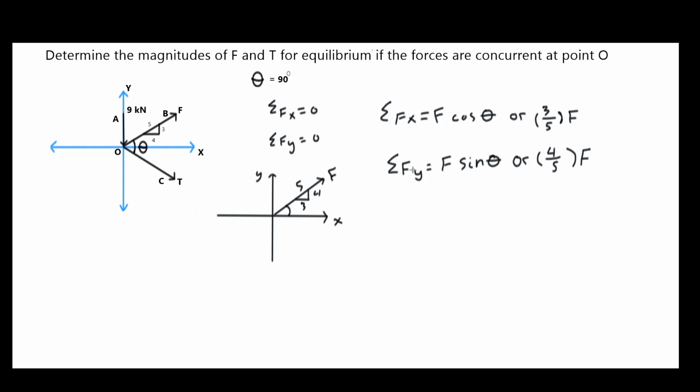Now if you look at the y value, since there's no angle given that's touching the y value, you know that's going to be a sine. So it's going to be F times the sine of this theta value. And if you want to use the triangle method, the height value is equivalent to the y, so you'll just divide 4 over 5 and then multiply it by the F value.